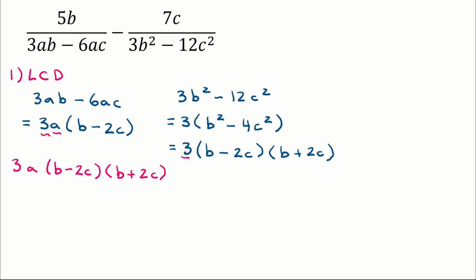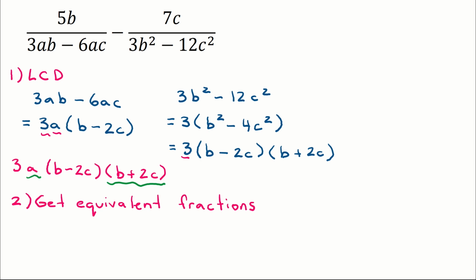So in this case, when we are getting our equivalent fractions, our first fraction needs to be multiplied by b plus 2c, and our second fraction needs to be multiplied by a. So let's go ahead and do this.